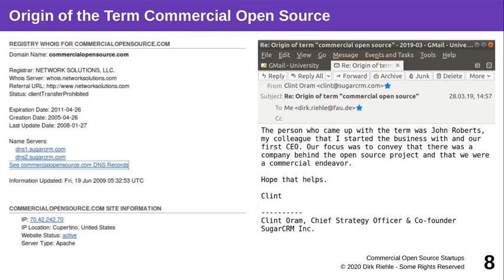They got the initial domain. I think they dropped it by now. It's too generic a term anyway, and too long to be useful. And so this term commercial open source goes back to SugarCRM. There are competing terms like professional open source, but the one that stuck was commercial open source.